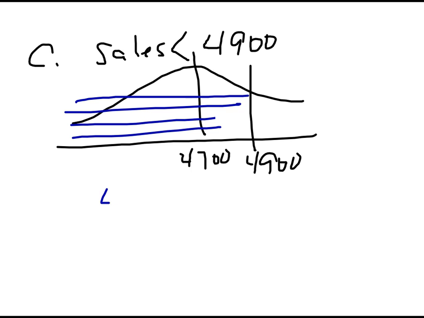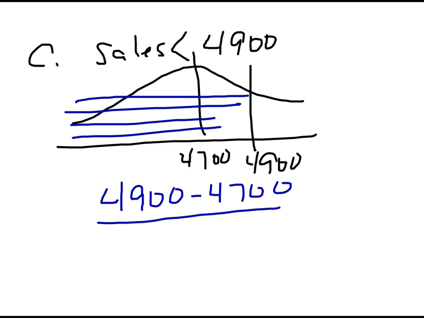So we take 4,900 minus 4,700 divided by 500. That gives us 0.4. And then again, our probability equals 0.65542.